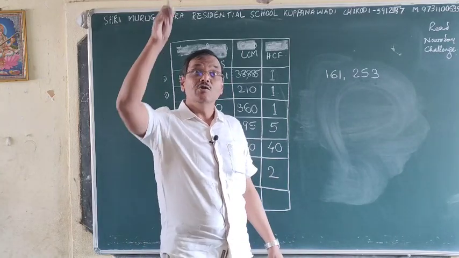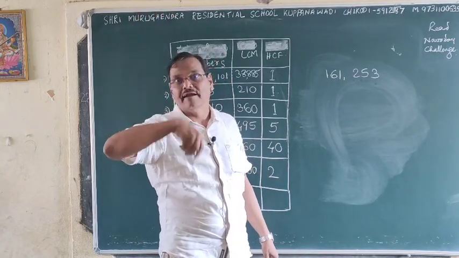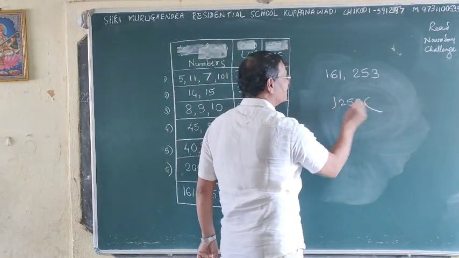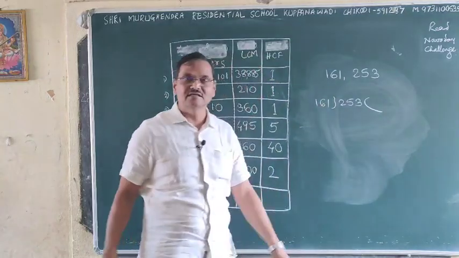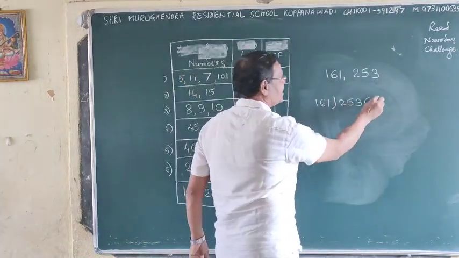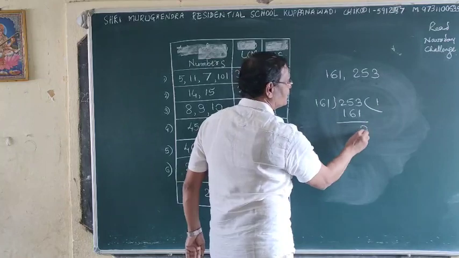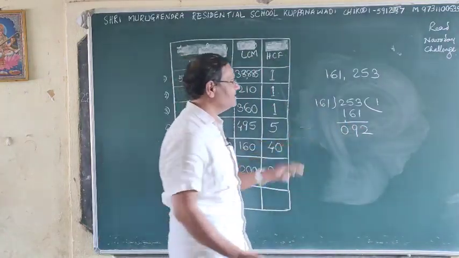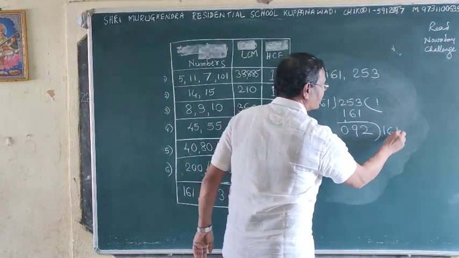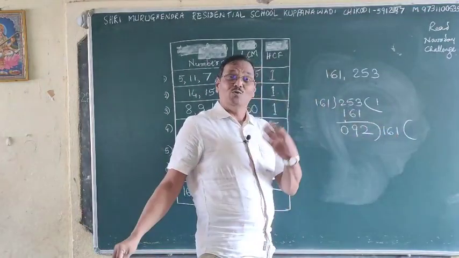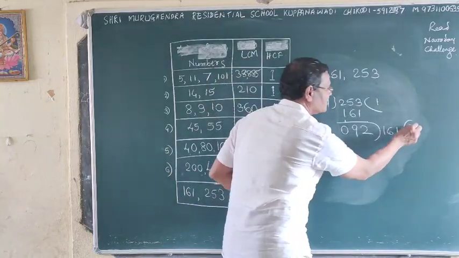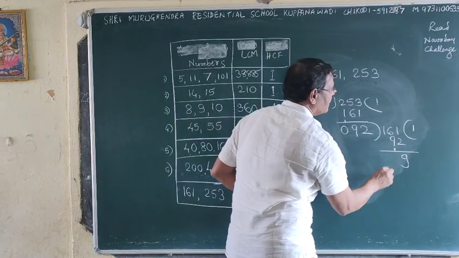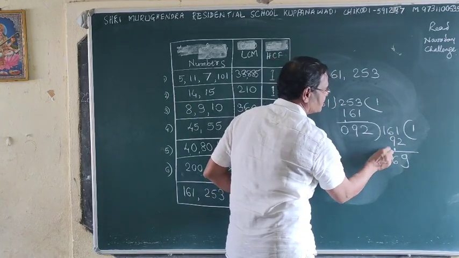So continuous division method you have to take. Then you will find easily that HCF. See, 161's double is above 300. So 1 you can take. 290. 92 is the balance. And here 161. See, 92 2s are 9 2s are 18. So 1 you can take. 9, 16 minus 10 it is 6, 0.